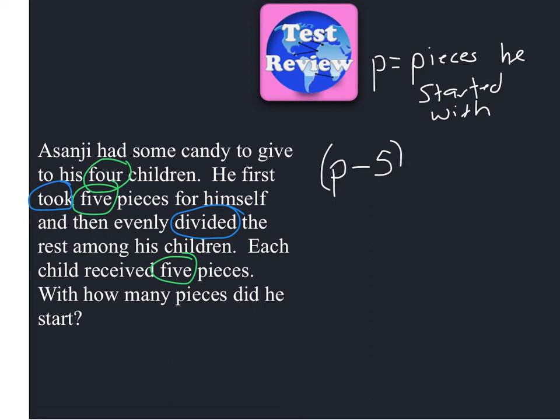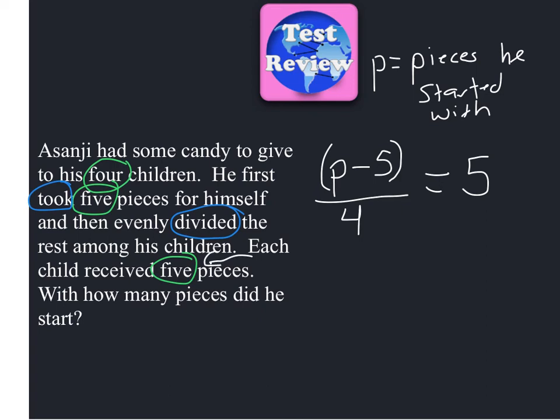Then he divided the leftover, which would have been the amount of pieces minus the 5 he took, amongst his 4 children. And that is going to equal the amount of pieces that each child received, which is 5. That's not the total amount. 5 is not the total amount of candy he started off with. It's the amount of pieces each child received, and that's given to us right over here.